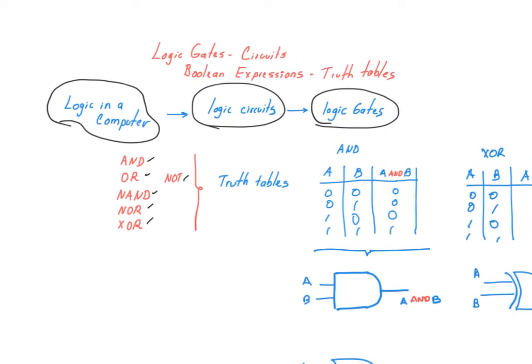And for each one of those, we have truth tables, which determine, given two inputs, for example for an AND gate, Boolean inputs, because we know this means either true or false, right? What's going to be the result for an AND logic for those two inputs?